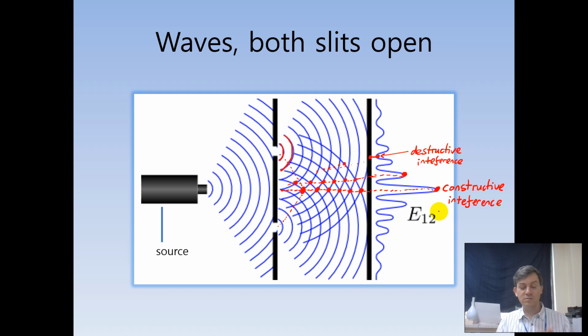Okay, so because of this interference effect, you get this rapidly oscillating pattern on the screen, which will give you the diffraction fringes, which are a result of the interference.